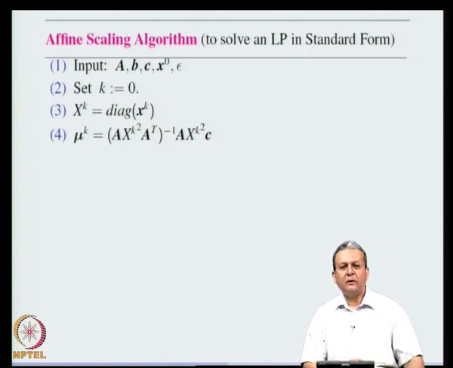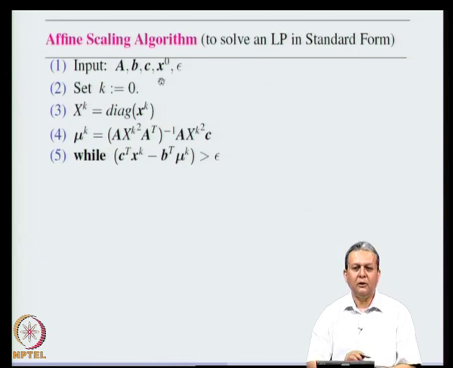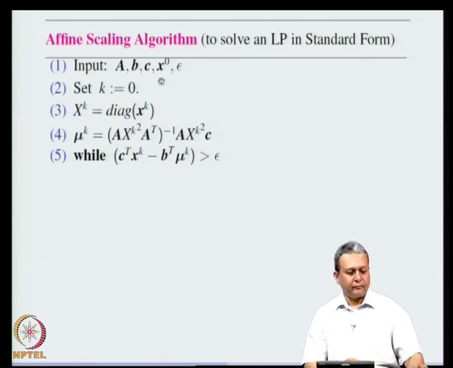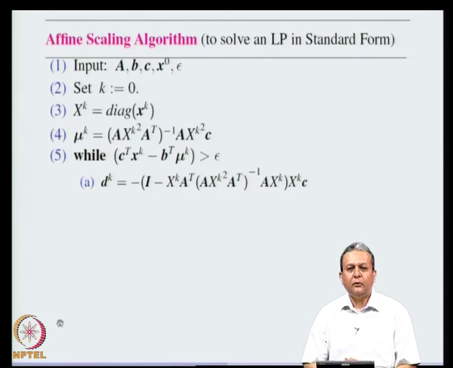Now, the first step is: while the stopping condition is not satisfied, which means while the duality gap is greater than some epsilon, where epsilon is a user given parameter, project the negative steepest descent direction. So, project minus c bar on the null space of A bar, and this is the expression that one gets, and we saw this earlier.